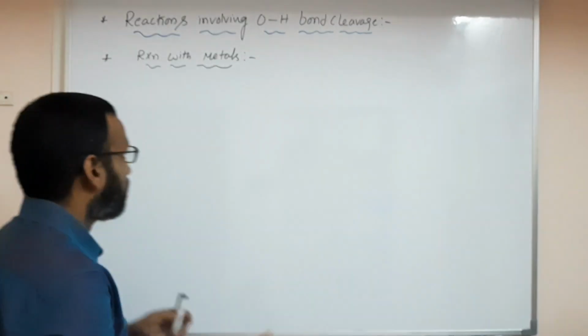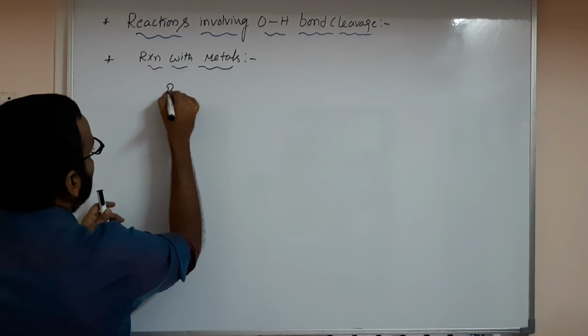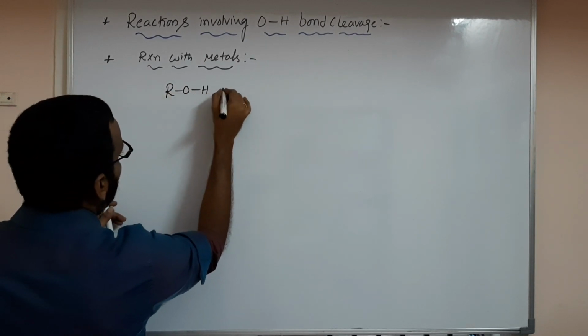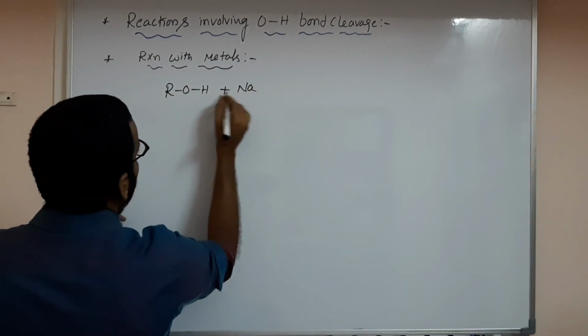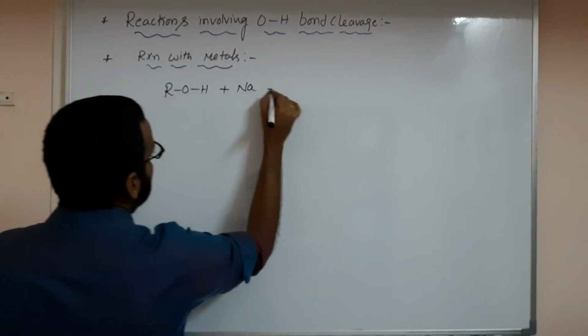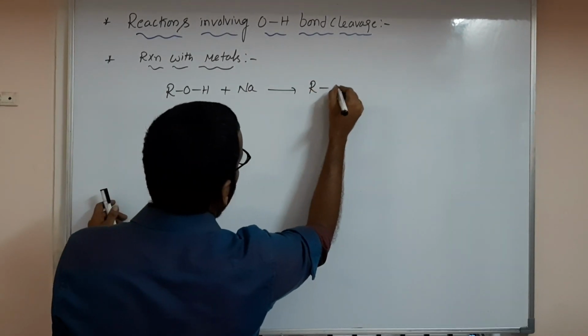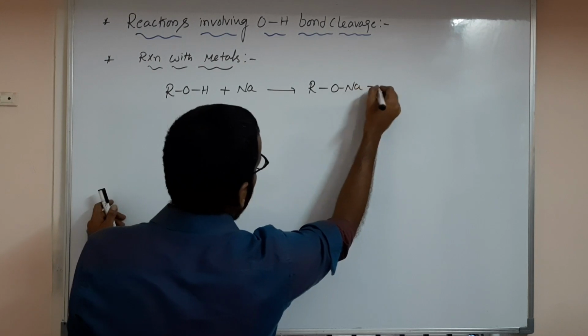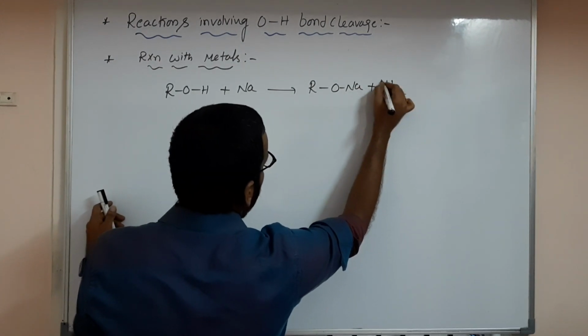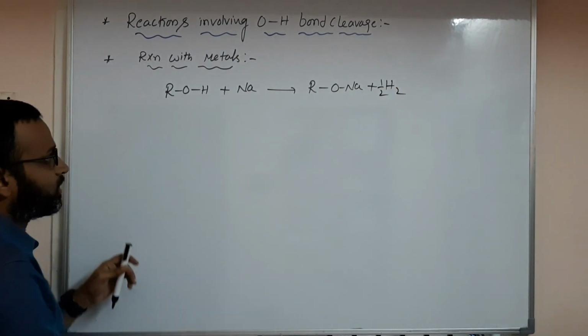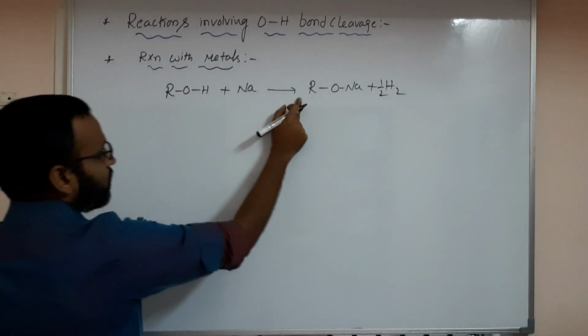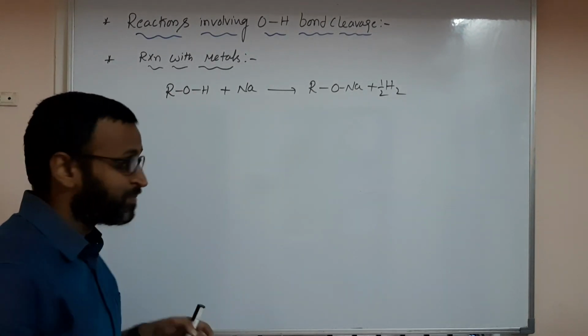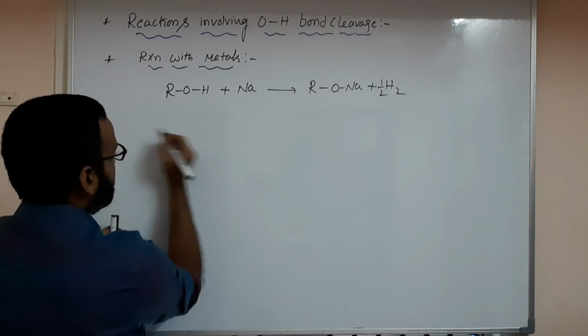Suppose when I am taking ROH and treating with sodium, what happens here? RONa plus half H2, because one hydrogen only. You can balance 2, 2, 2 like that. So like this, reactions happen.